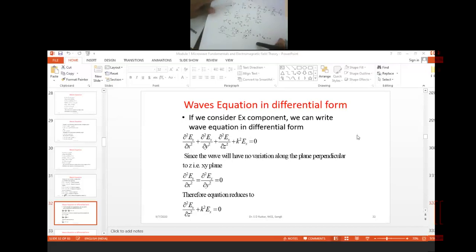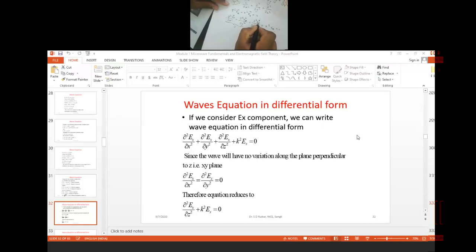So in d square Ex by dx square plus d square Ex by dy square, this becomes 0, because the electric field Ex is not varying with X or with Y. The field component is along the X direction, but it is varying along the Z direction.